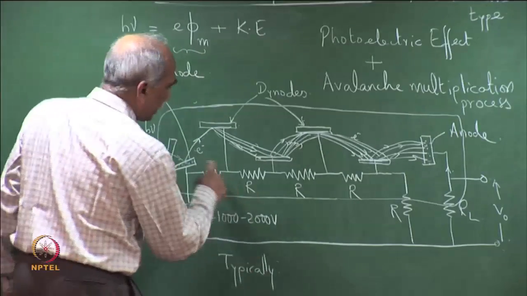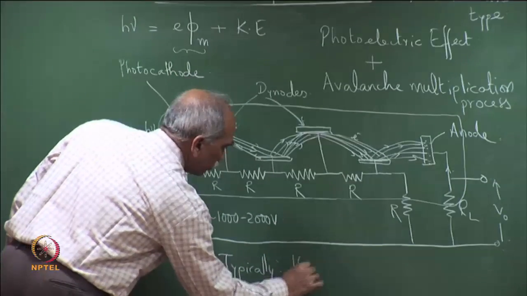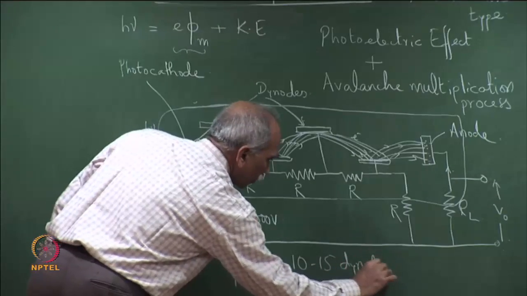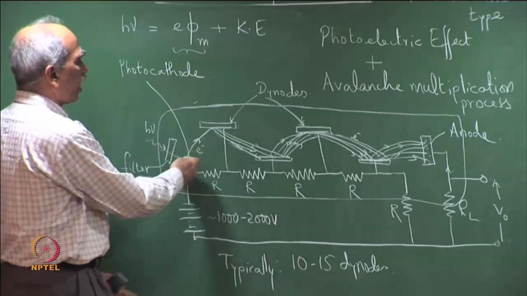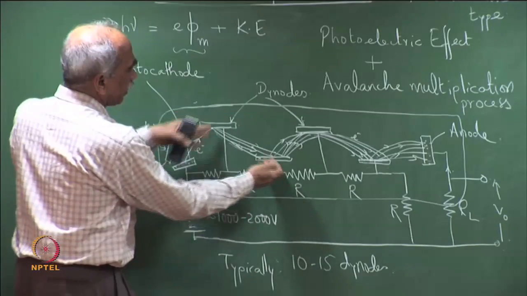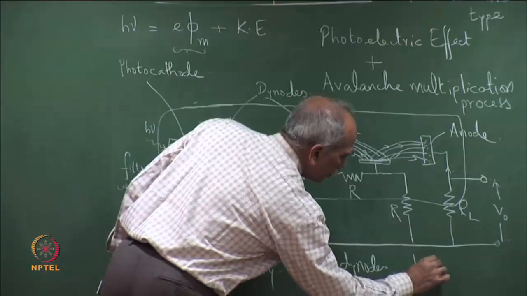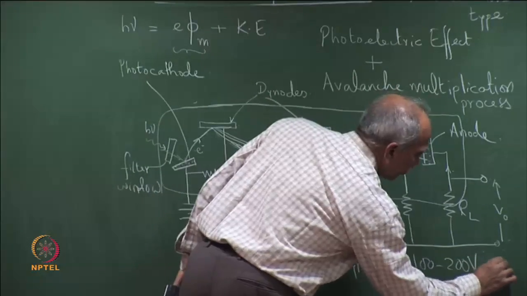Typically, a PMT tube contains 10 to 15 dynodes, with an accelerating potential difference of 100 to 200 volts between adjacent dynodes.